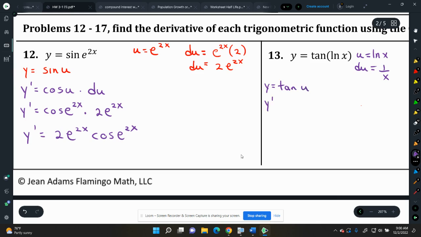So y prime, what's the derivative of tangent? Secant squared u du. So y prime equals secant squared natural log of x times 1 over x.